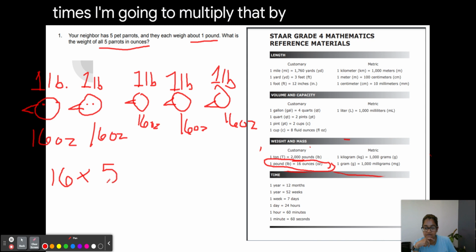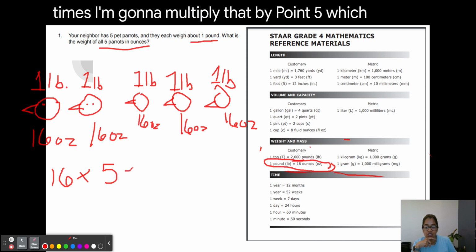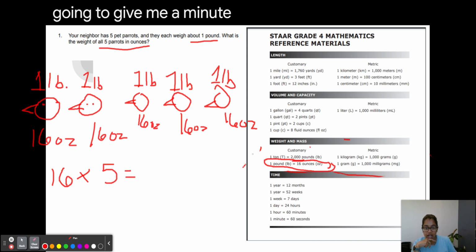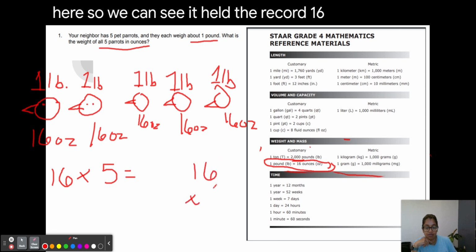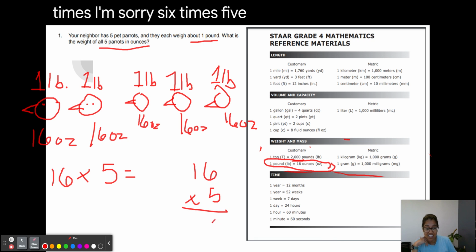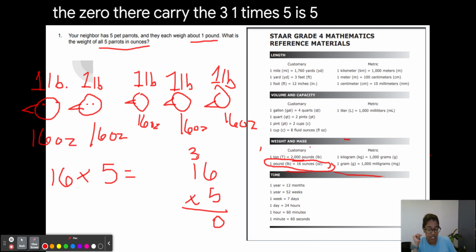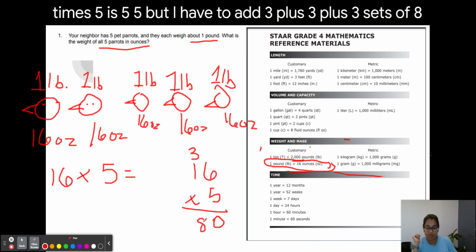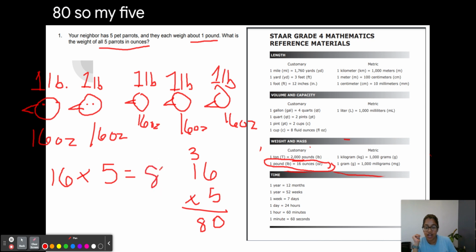So I'm going to multiply that by 5. I'll do the standard algorithm right here. 6 times 5 is 30. I'm going to put the 0 there, carry the 3. 1 times 5 is 5, plus 3 is 8, so that's 80. So my 5 parrots are 80 ounces.